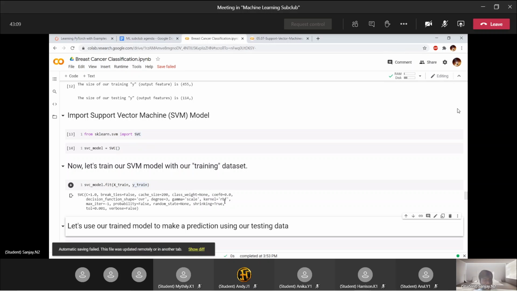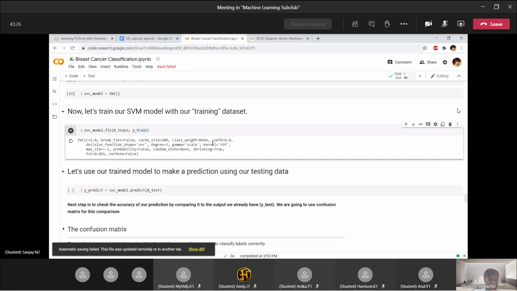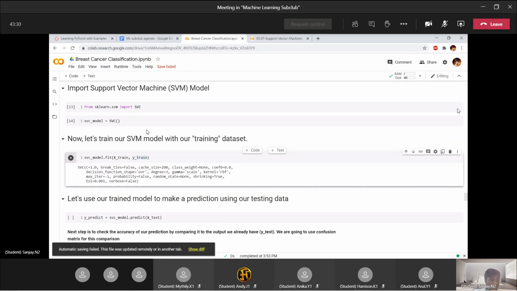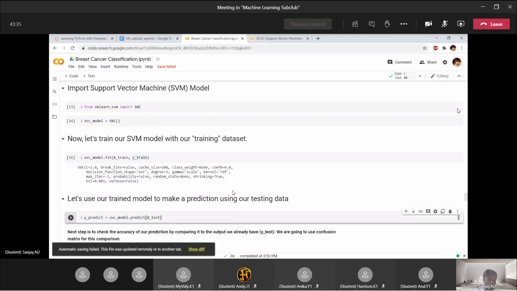If you're curious about what transformation it performs on the data, you can look at it in your own time. But anyway, the rest are pre-done settings, so we're not going to mess with them right now. We're just going to see how the base SVM with no parameter specifications works.